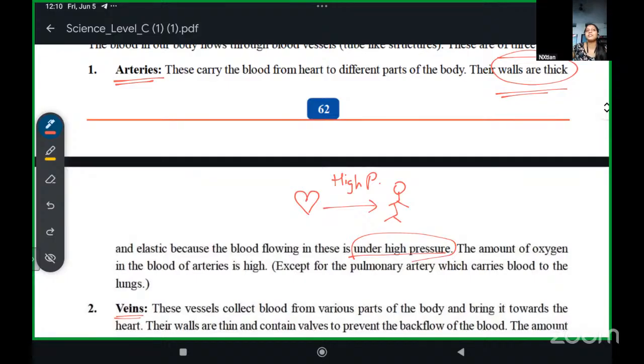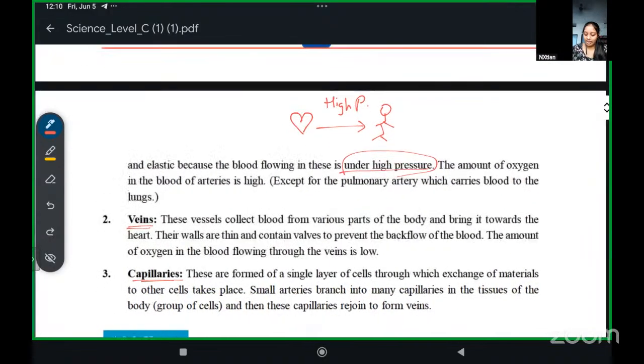How it is stopped is because these blood vessels have valves that open when the blood flows, and then they shut, so that the blood cannot flow back. So that the backflow can be stopped. That is how it only flows in one direction. So that is your artery.